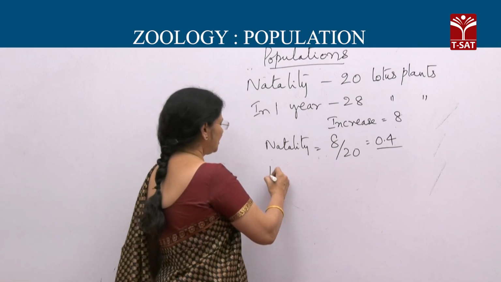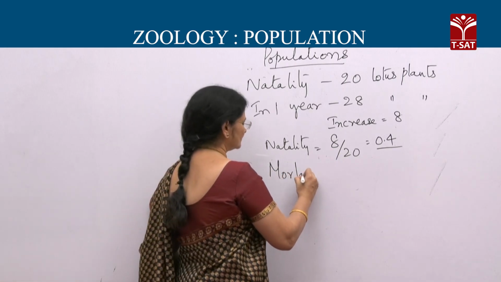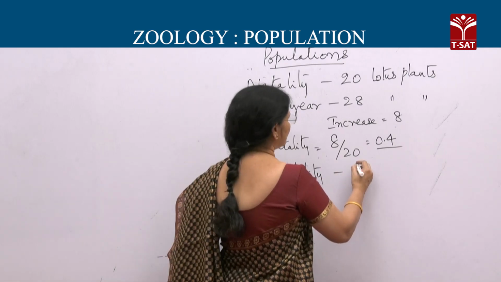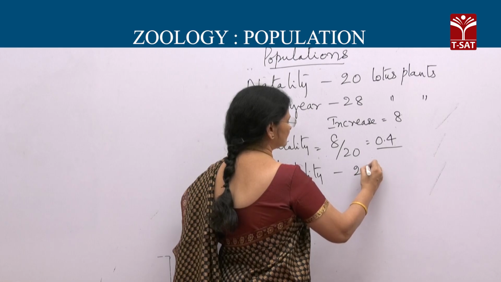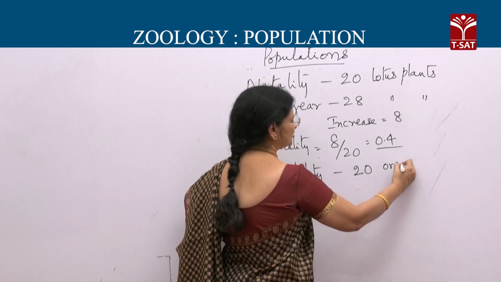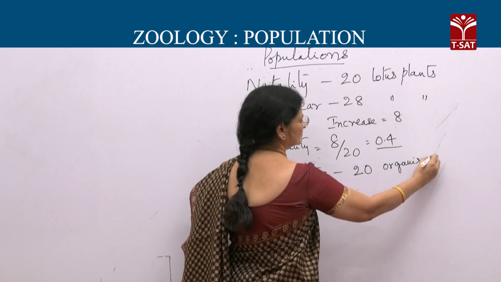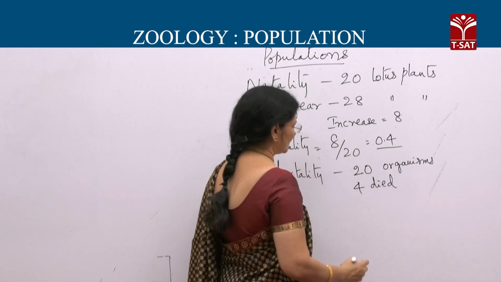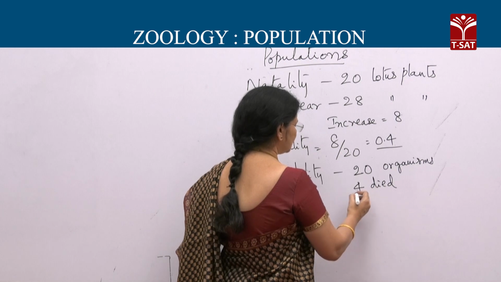In the same way, mortality. Suppose out of 20 organisms, 4 died, so the remaining are 16 only.